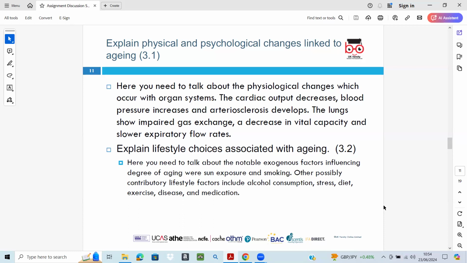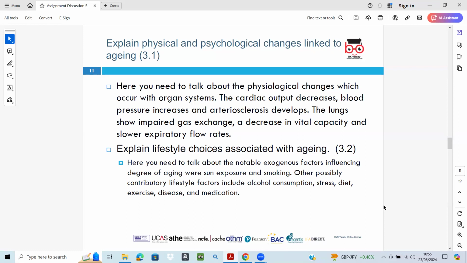Then we have lifestyle choices associated with aging. In that, we need to talk about the notable exogenous factors influencing the degree of aging, such as sun exposure and smoking. If we discuss sun exposure, we can say that prolonged and unprotected sun exposure can accelerate skin aging due to ultraviolet radiation, which can damage skin cells and collagen fibers.